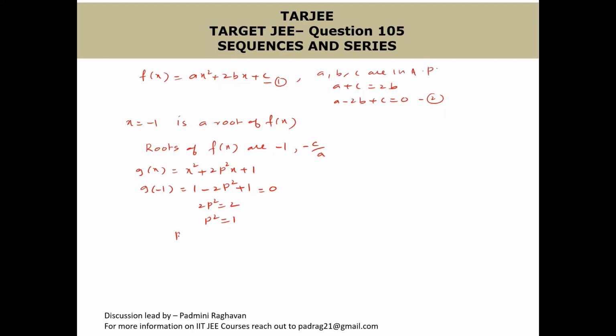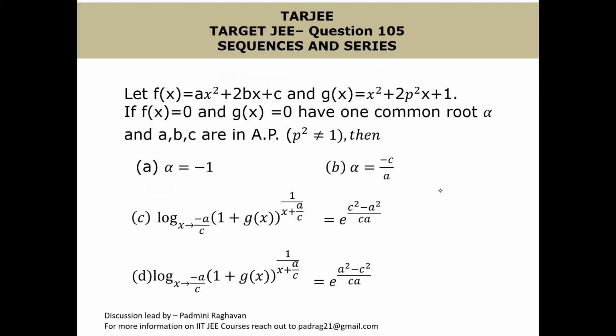But p² is not equal to 1, that is what is given in the question. That means the common root cannot be −1. This implies the common root should be −c/a, and they've called alpha the common root. The value of alpha is −c/a, which is going to be option B.